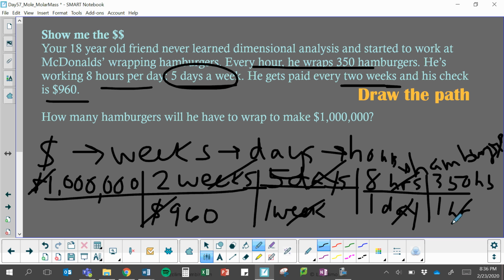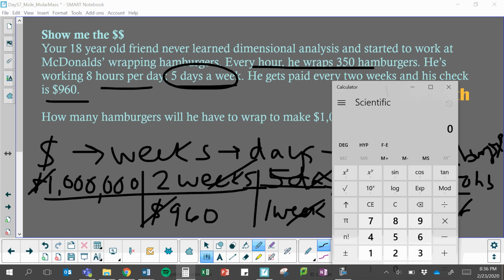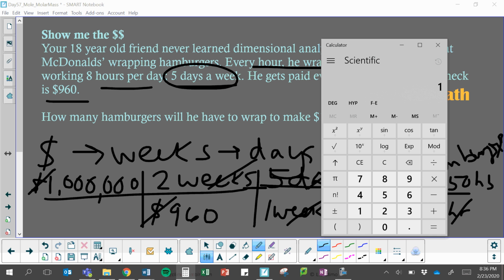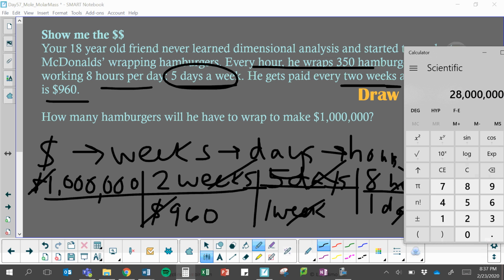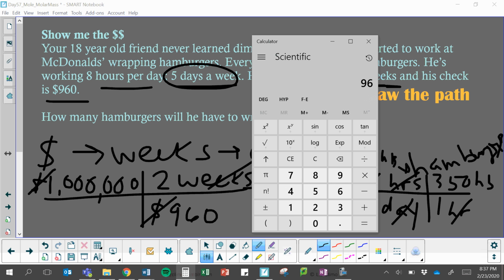Now we just put this into our calculator, and remember that everything on the top we multiply and everything on the bottom we divide. I can show you how we put that in with my calculator. So we have 1 million times our 2 weeks at the top times our 5 days at the top times our 8 hours at the top times 350 hamburgers, but we have to divide by our 960.